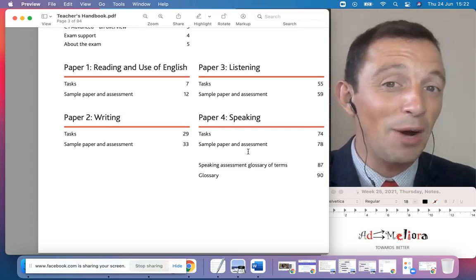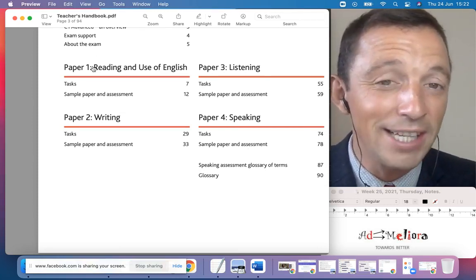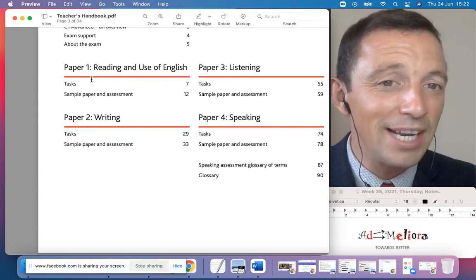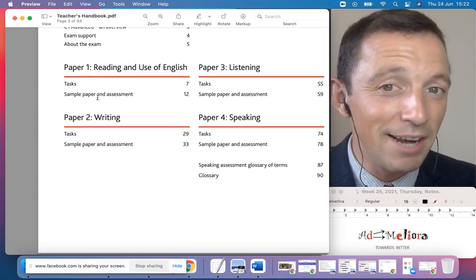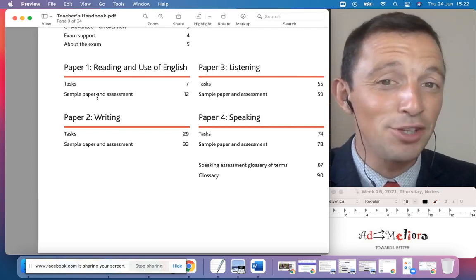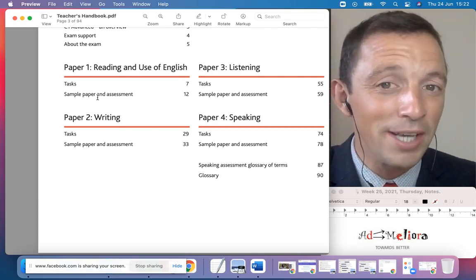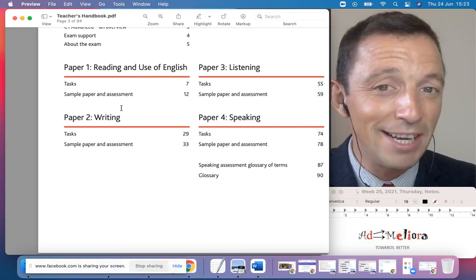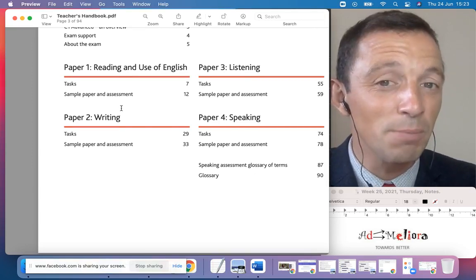The other part that we have not spoken about is the reading and use of English. In the reading paper, in the advanced, you have 4 different reading papers, and that's very tricky because the readings are always tricky. The first one is multiple choice.